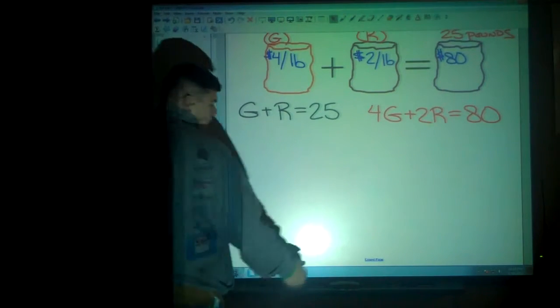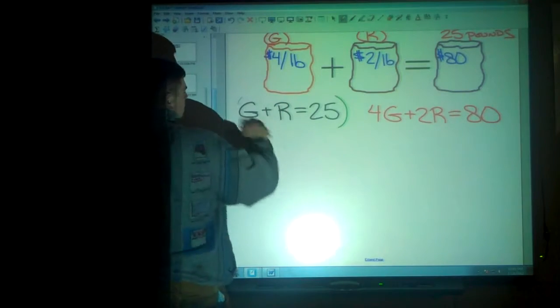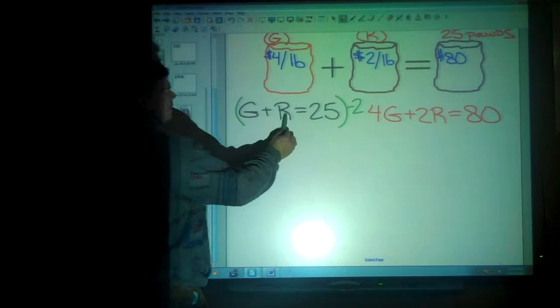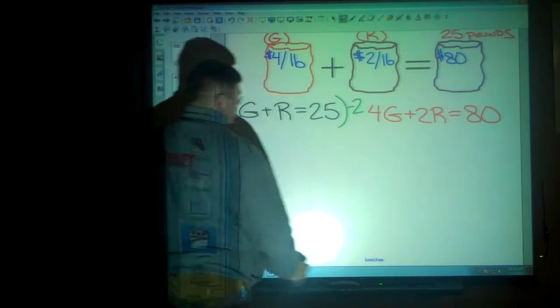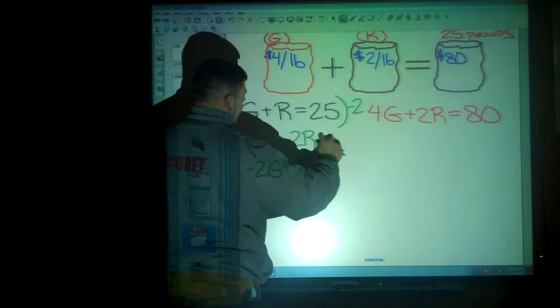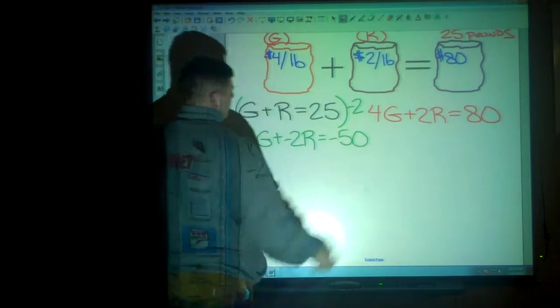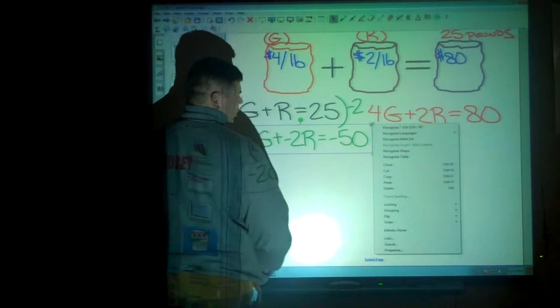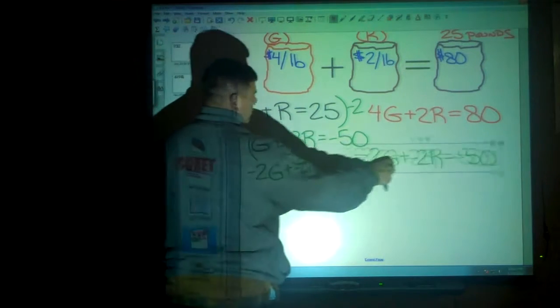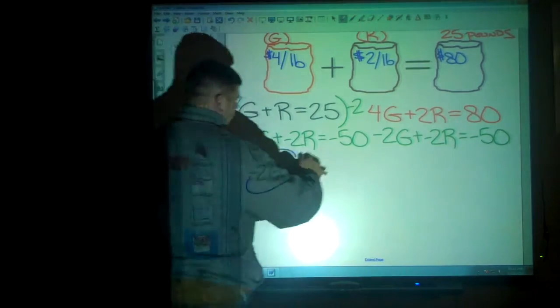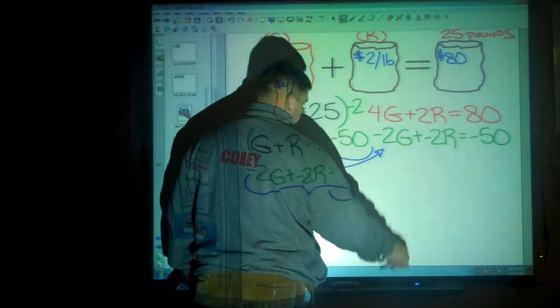So again, if it were me, I would probably use linear combinations, and maybe multiply everything by -2. That way the r's will match up. So we get -2g plus -2r equals -50. And this we can clone and bring over here. And take all of this and bring it over there.